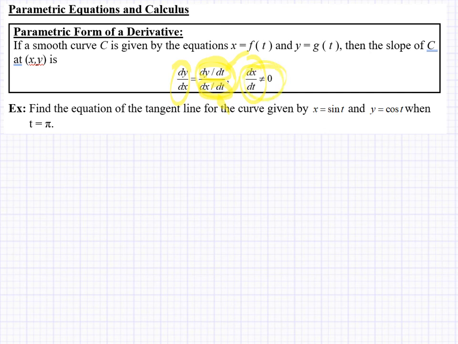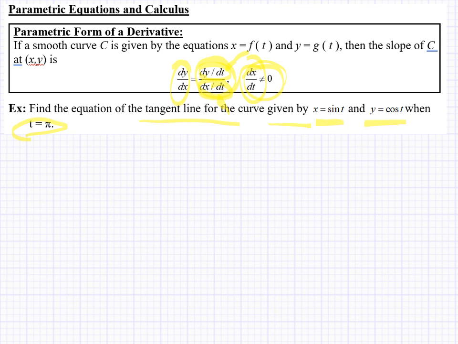So pretty simple. Let's say we want to find the equation of the tangent line for a given curve. That curve is defined by these two parametric equations, x equals sine t and y equals cosine t. And we want to do it when t equals pi. In order to write the equation of a tangent line, you need the slope of the tangent line and you need a point on the tangent line.